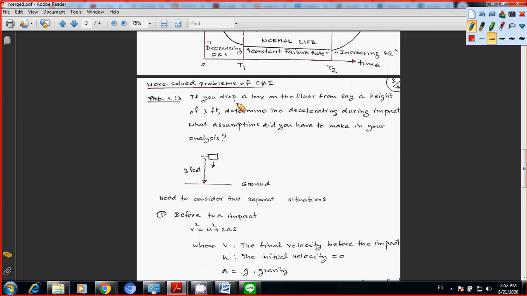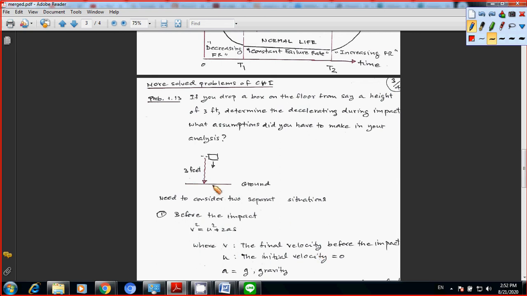And I apply this equation, like you learned in physics from the first year or high school. V squared equals U squared plus 2AS, where V is the final velocity before the box hits the ground, or before the impact. U is the initial velocity. Of course, it becomes 0.